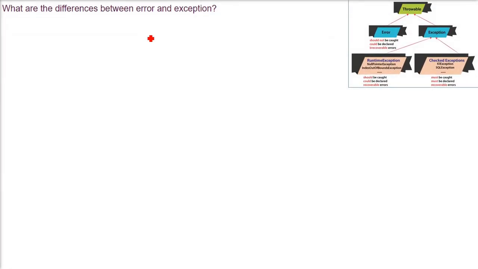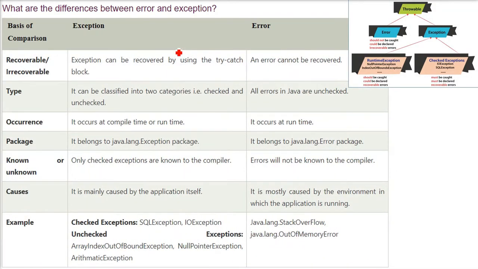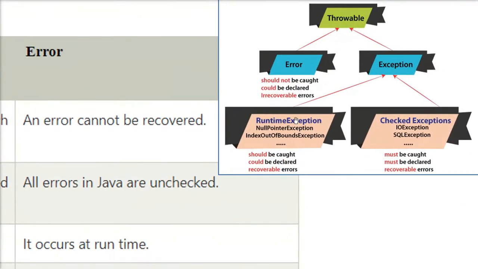What are the differences between error and exception? We will take the example of Java here. First, let me tell you, they both belong to the Throwable class. Error and exception, but an error should not be caught.